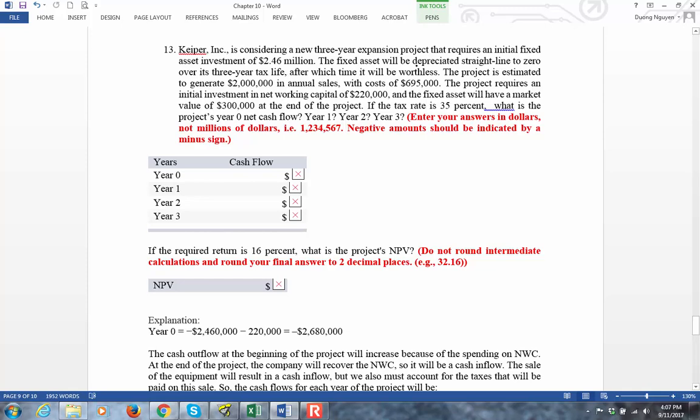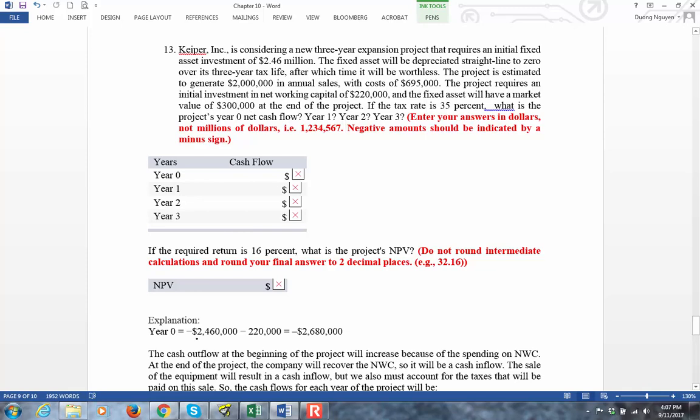The assets will be depreciated straight line to 0 over 3 years, and at that time its value will be 0. It has $2 million in annual sales with cost of $695,000. Initial investment in net working capital is $220,000, and fixed assets will have a market value of $300,000 at the end of the project.